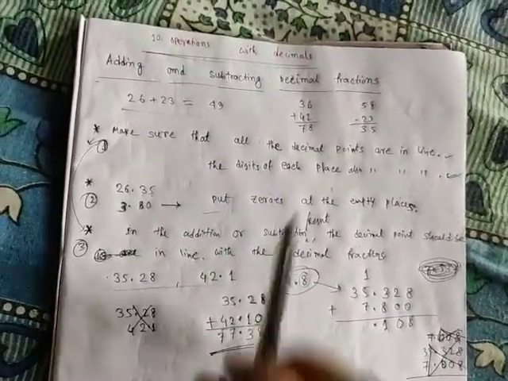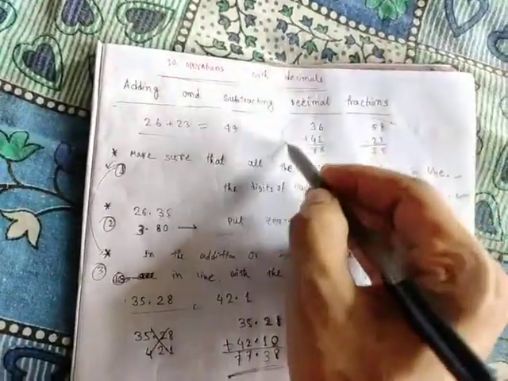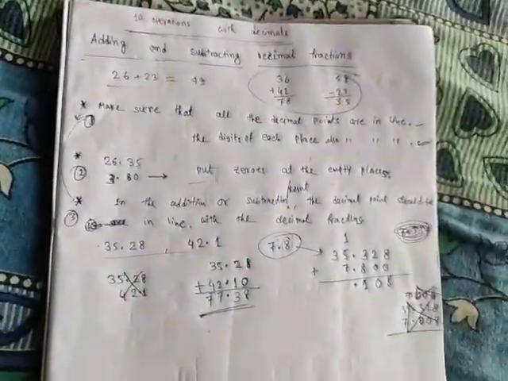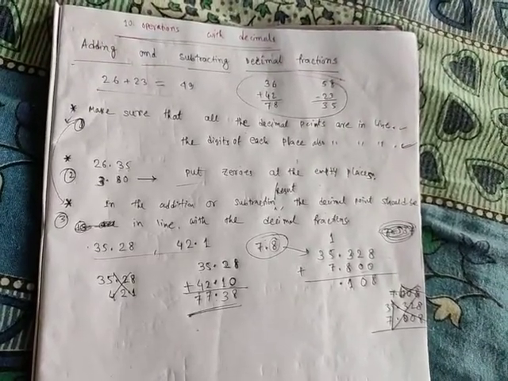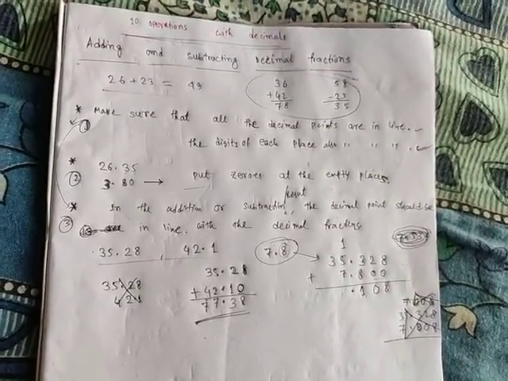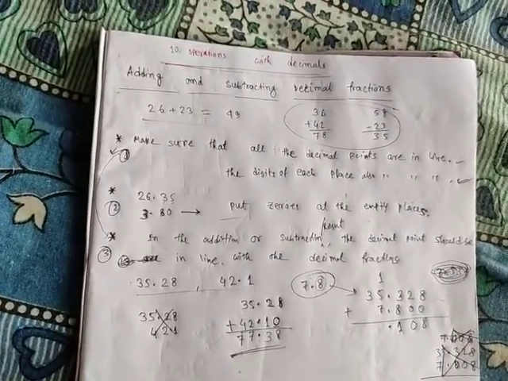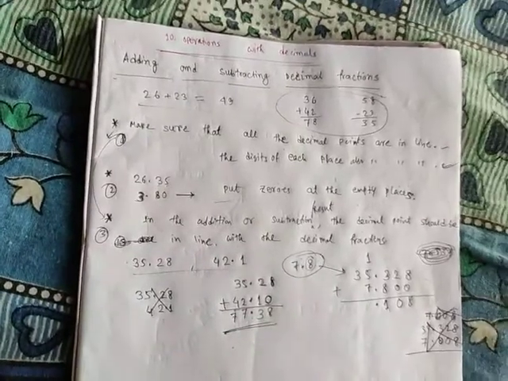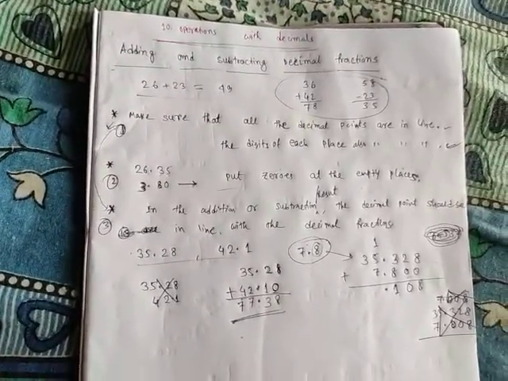That's why I have said that addition is the same as the addition of whole numbers or integers. Clear? The addition or subtraction is the same as the addition or subtraction of integral numbers. Integral numbers or integers, both are the same.